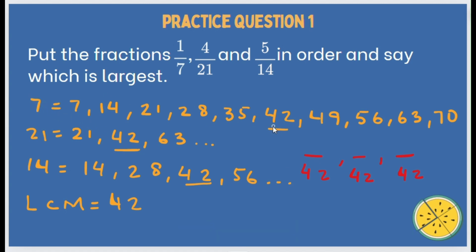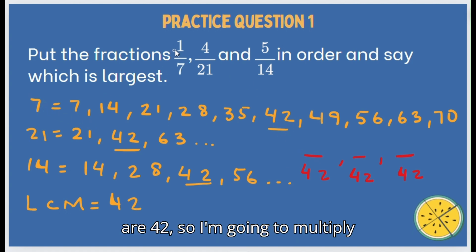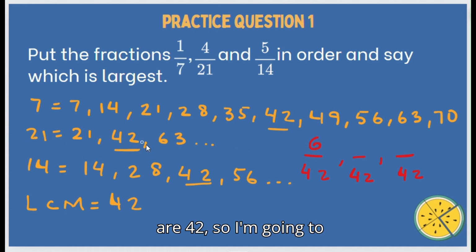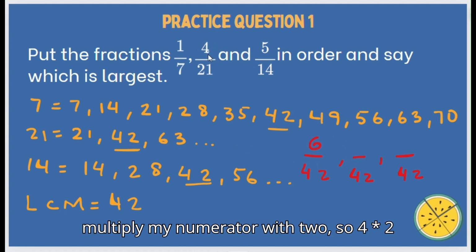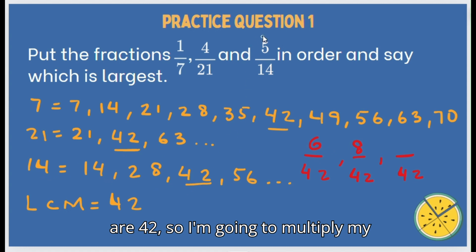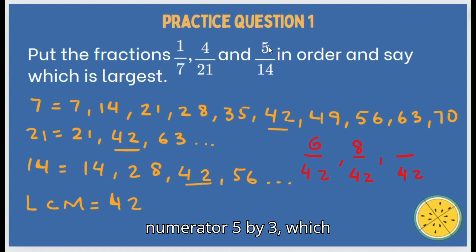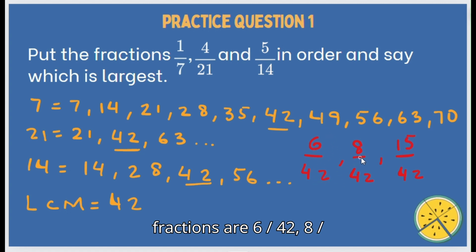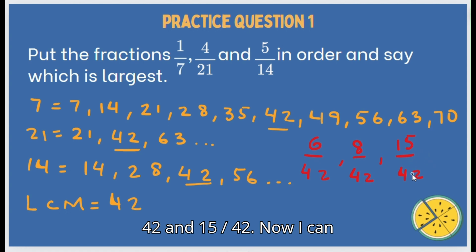So we know that 7 6s are 42, so I'm going to multiply my numerator with 6, so 1 times 6 is 6. 21 2s are 42, so I'm going to multiply my numerator with 2, so 4 2s are 8. 14 3s are 42, so I'm going to multiply my numerator 5 by 3, which is 15. So now my fractions are 6 over 42, 8 over 42, and 15 over 42.